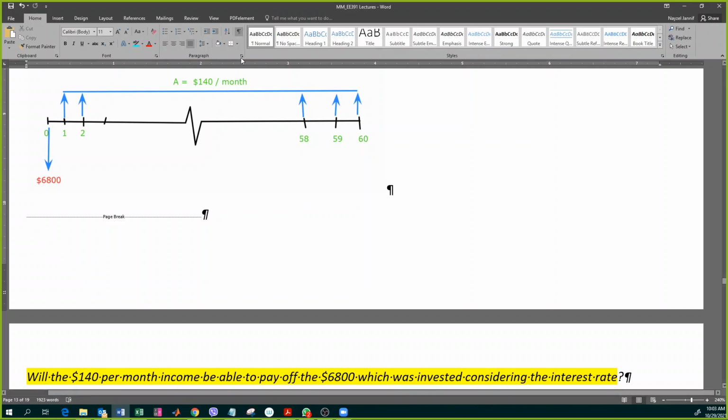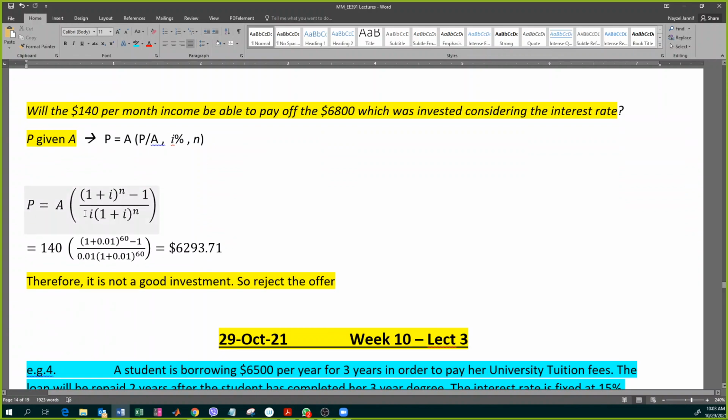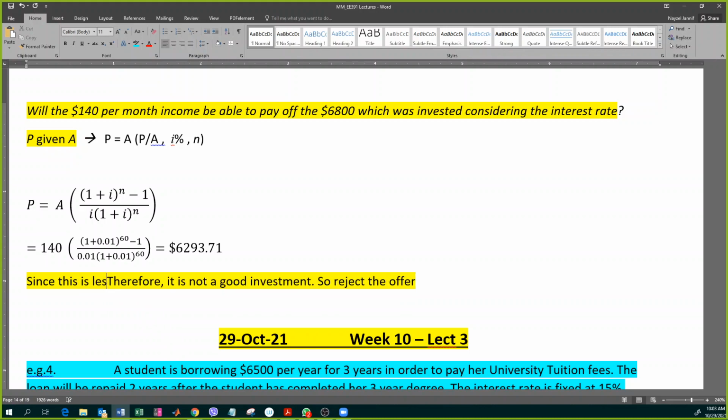Then we found that using P given A, the value comes to $6,293. And because this is lesser than 6,800, remember you spent 6,800 for this contract.